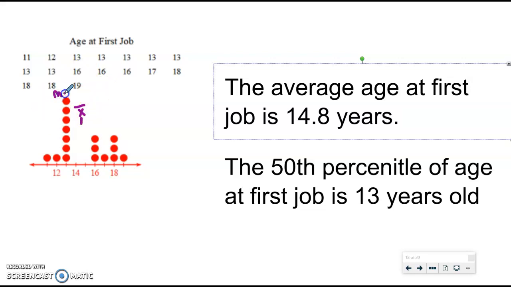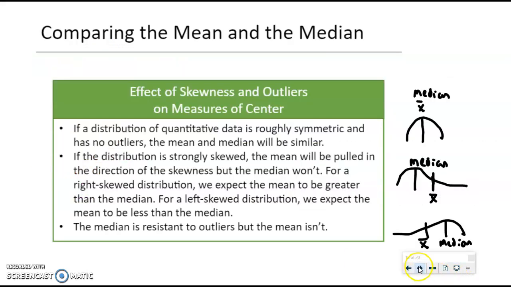And then this is my median. So when I look at this distribution, it is skewed right, and the mean is being impacted by those outliers on the right side. So these are some over-the-top ideas.